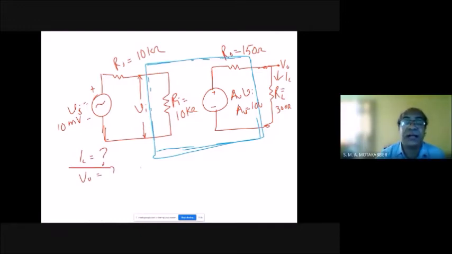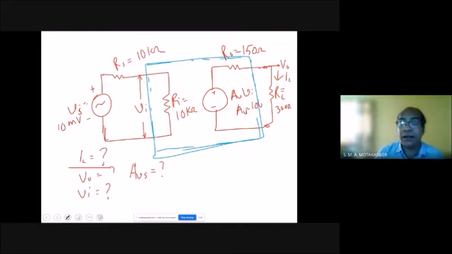Then you are asked to calculate VI, how much. And finally, you are asked to calculate A, the amplification, V suffix meaning the voltage gain, AVS, the voltage gain with respect to the source, equal to how much. So at the beginning, you have to calculate the VI, otherwise you cannot do anything.